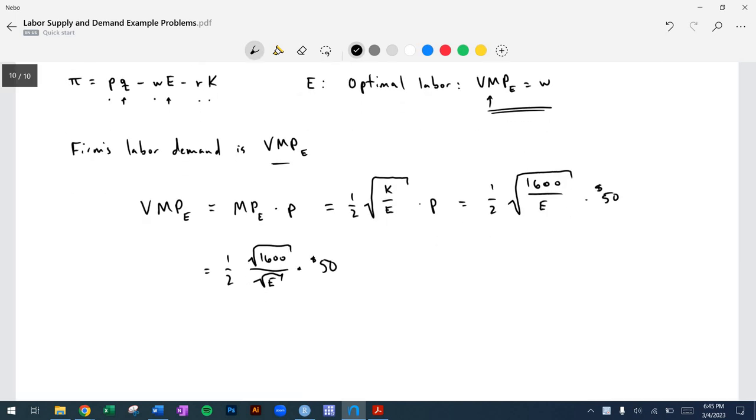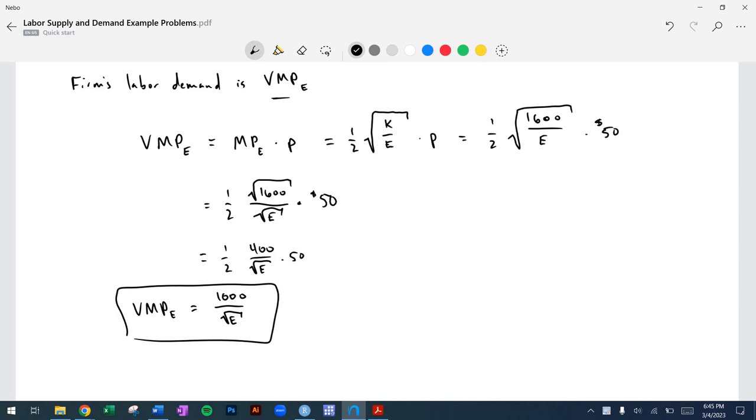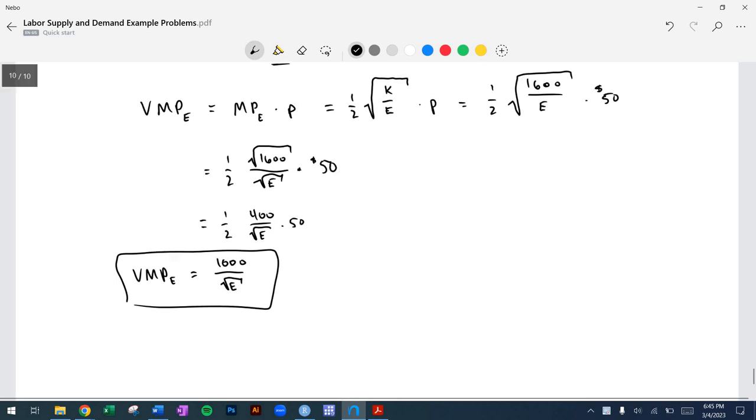The square root of 1,600 is 40, though, let's see, 400 over the square root of E times 50. If we do a bit of consolidation, I'll skip a couple steps, but you can verify that this will come out to 1,000 over the square root of E. So the value of marginal product of labor is 1,000 over the square root of the number of workers.